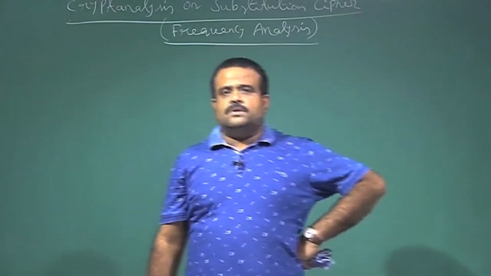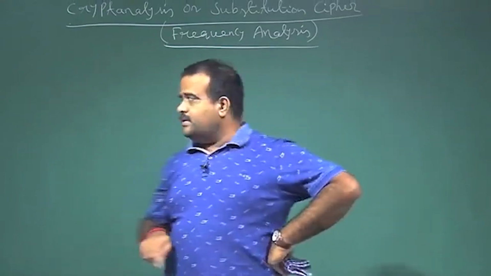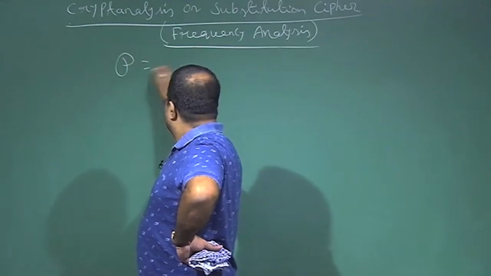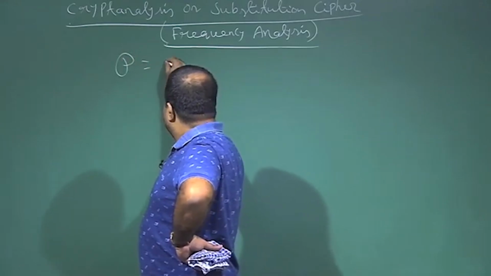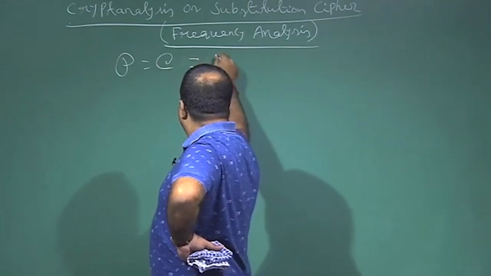So, we will talk about cryptanalysis on substitution cipher. We have seen the substitution cipher. The plain text and ciphertext are over a set of alphabets.